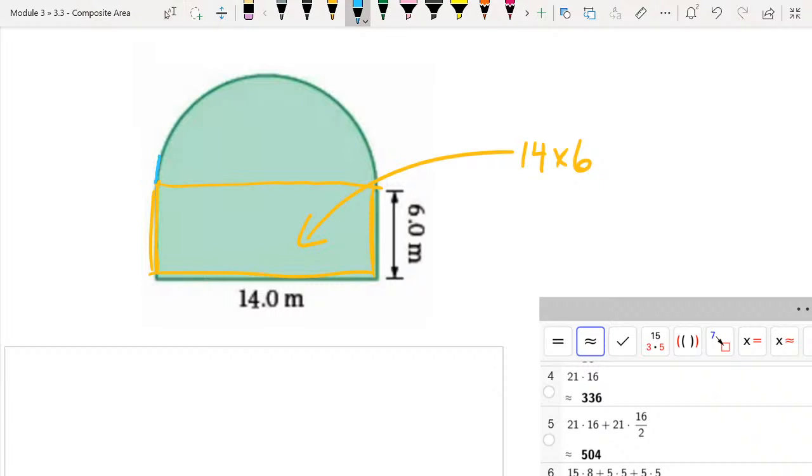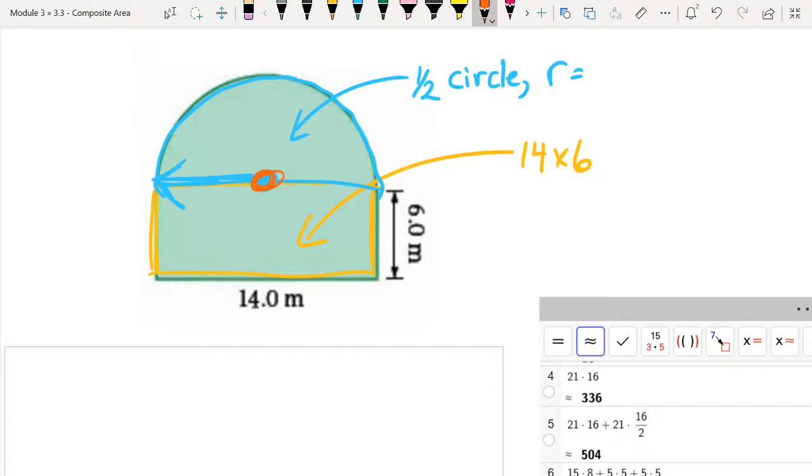And then we have a semicircle, so half a circle, and the radius on that is equal to what? Well, remember, radius goes from the middle out to the edge.